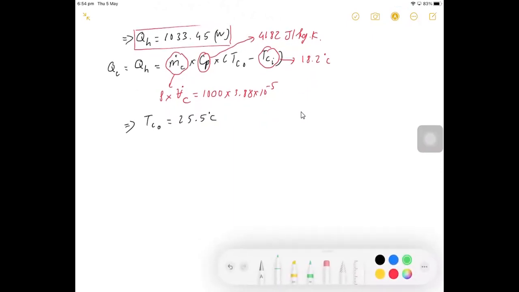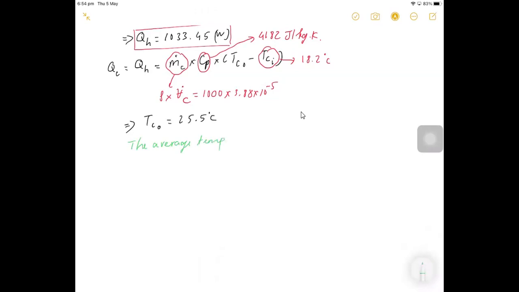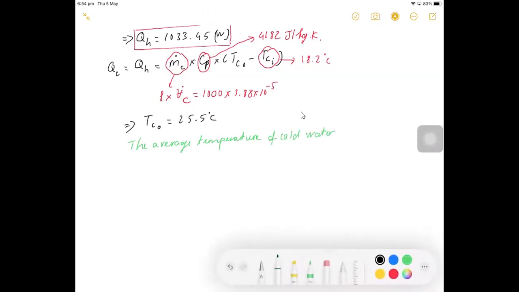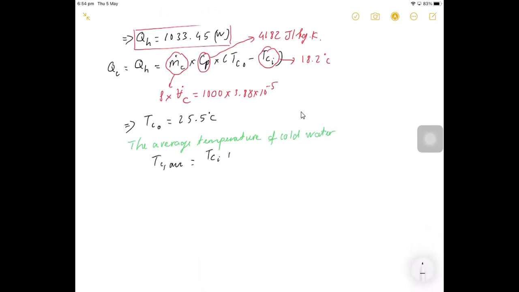We will have the average temperature of cold water. Tc average will be equal to Tc in plus Tc out divided by 2, and this one equals 21.9 Celsius. So now you can double check Cp.